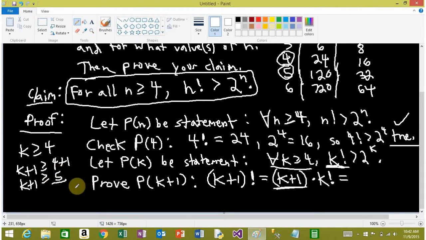So for this k plus 1 times k factorial, instead of equals, we'll replace that with a greater than or equal to sign, and then replace that with 5 times k factorial.